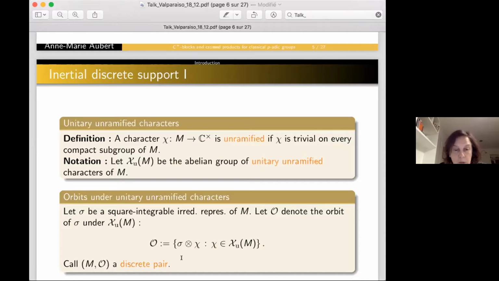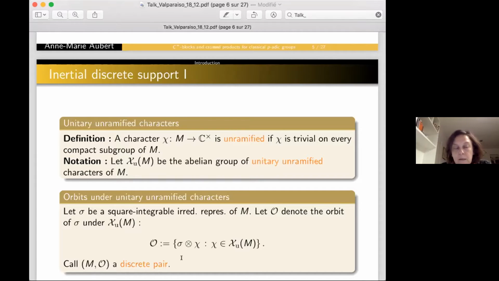We denote by X_u(M) the abelian group of unitary unramified characters of M. The definition we take for a character to be unramified is that it is trivial on every compact subgroup of M. This definition makes sense both when F is p-adic and when F is the field of real numbers.